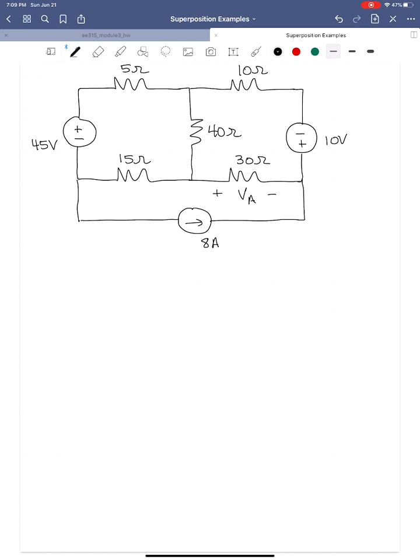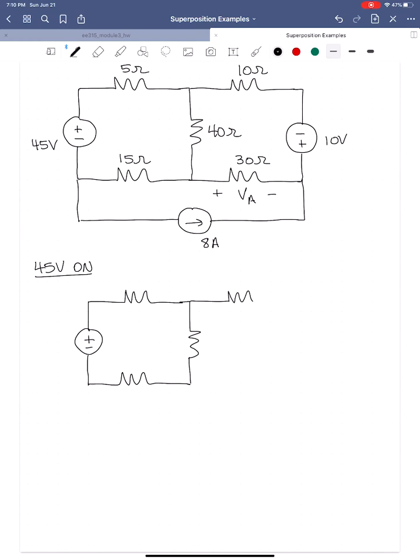So I'm going to start with the 45 volt source on. All right, so we'll have the 45 volt source, have all our resistors. We'll have a short circuit where the 10 volt source is.